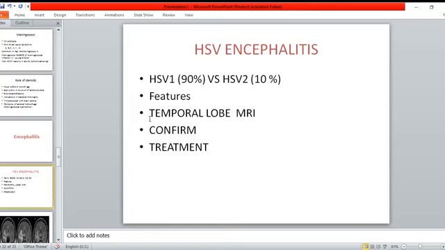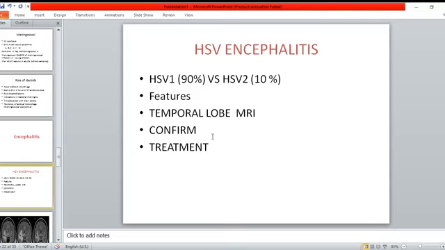The most likely part of the brain affected is the temporal lobe, so it's diagnosed by MRI early in the clinical picture, and CSF will show a lymphocytic picture with usually near normal protein and near normal glucose. So it's diagnosed by the best test, of course, the MRI, and best confirmation is by PCR of CSF for herpes simplex virus.